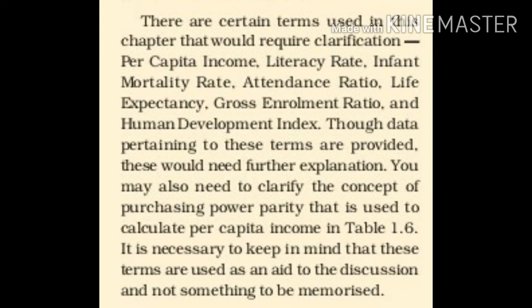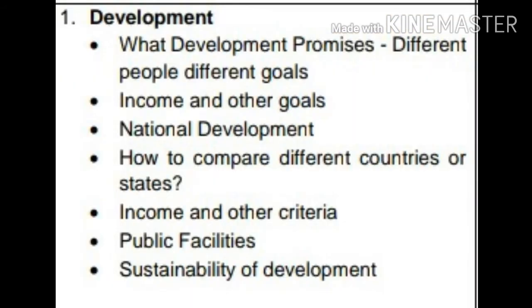Then in our next points, after completing the introduction of the chapters, let us see which points are included in these chapters. The factors included in this chapter are: first, what development promises, different people, different goals.